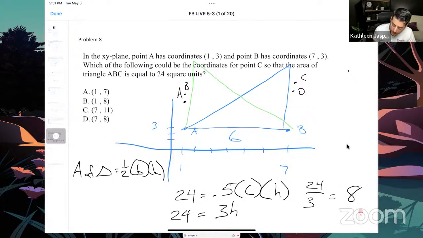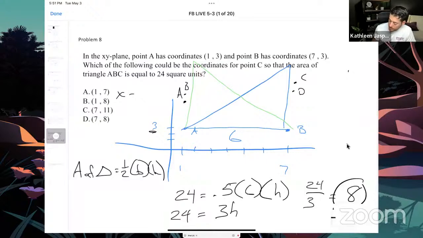So how do I get this 8, right? If I know that my starting point is 3 and I need to get 8, so what I'll do is I'll do whatever value we have minus 8.